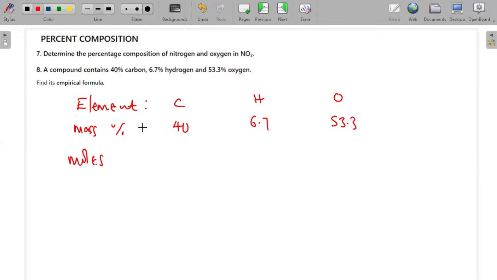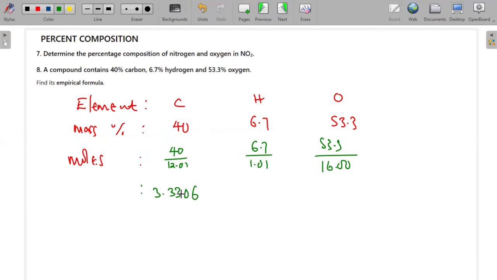The next step is to find the moles. How do we find the moles? We divide each of these mass percents by their molar masses. So this will be 40 divided by 12.01, and then hydrogen is 6.7 divided by 1.01, and this one is 53.3 divided by 16.00. So what do I get as my number of moles? For the first one, I get 3.3306.